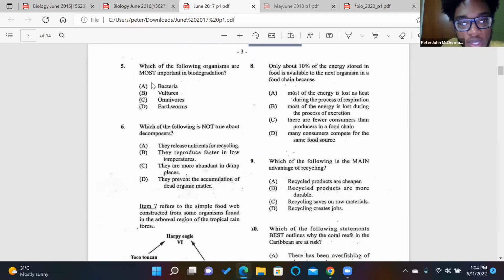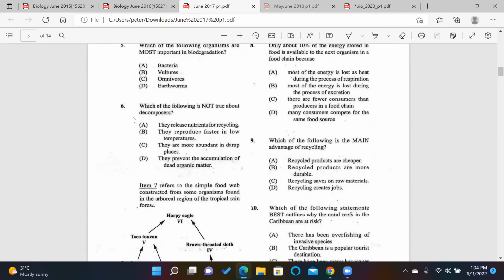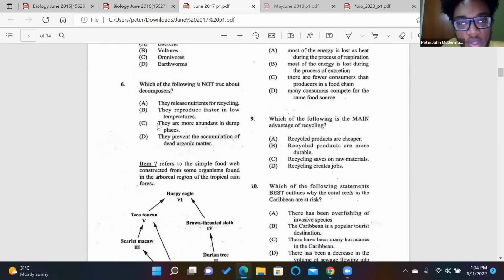Which of the following organisms are most important in biodegradation? A. Which of the following is not true about decomposers? All right, guys, we're not sure of the answer, so how are we going to answer this? They release nutrients for recycling, true or false?